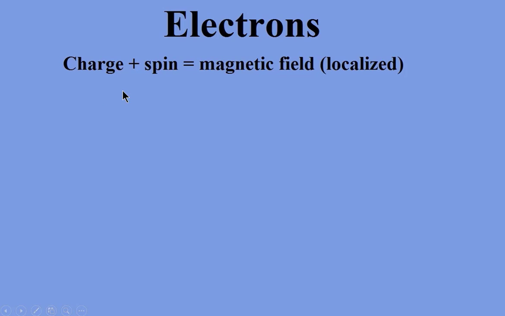So the electrons in chemical bonds create their own magnetic field. And this is what we sometimes refer to as the localized magnetic field. So this is a separate magnetic field from the hydrogen nucleus himself and the external magnetic field which is being applied to the nuclei.